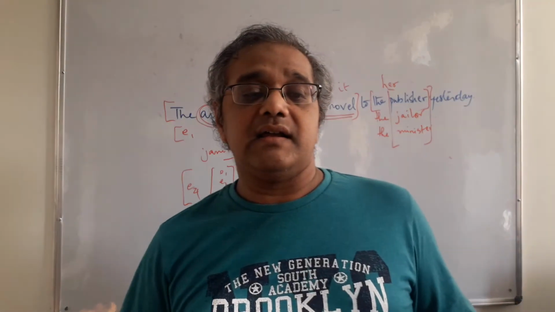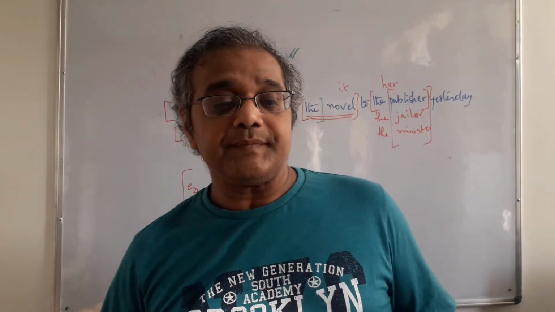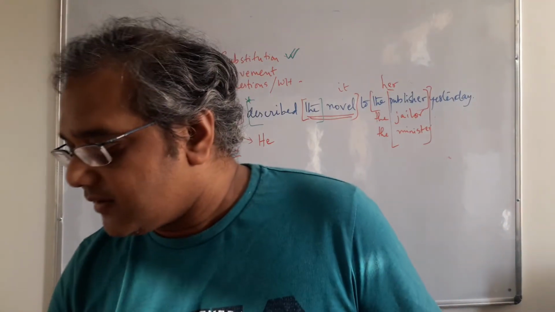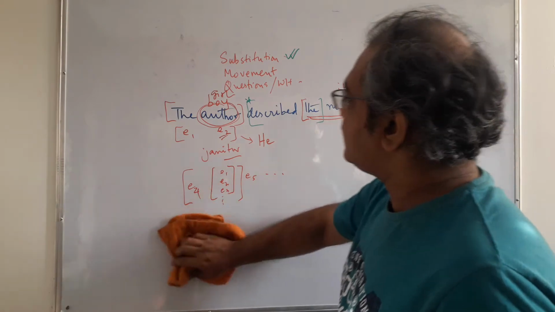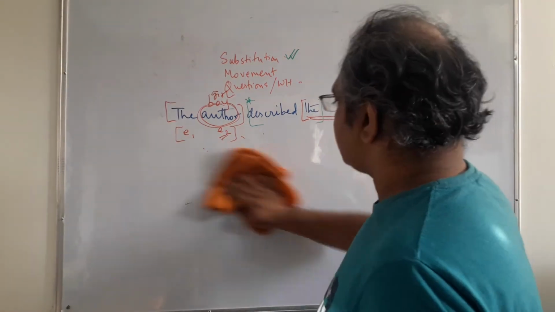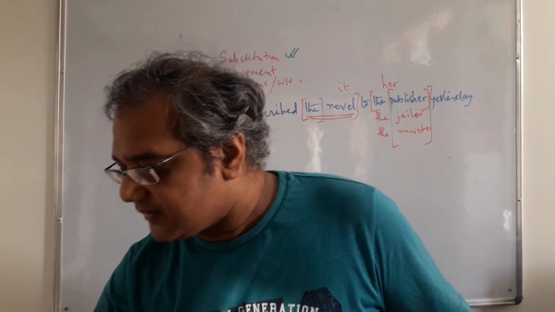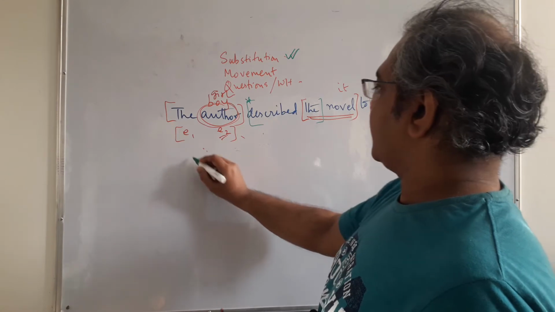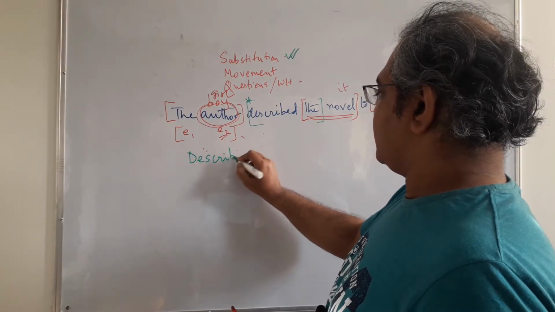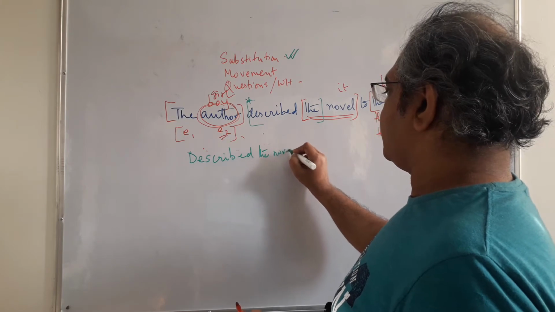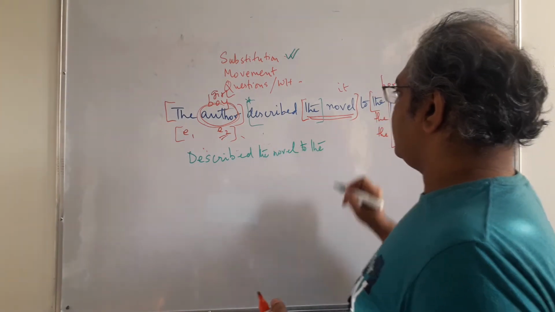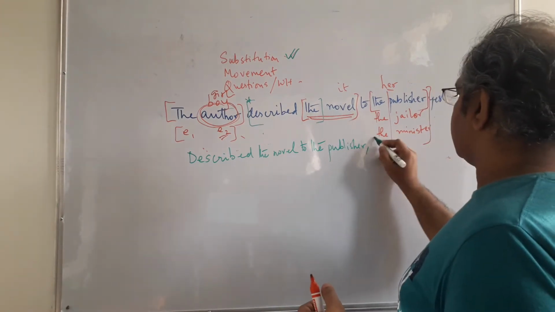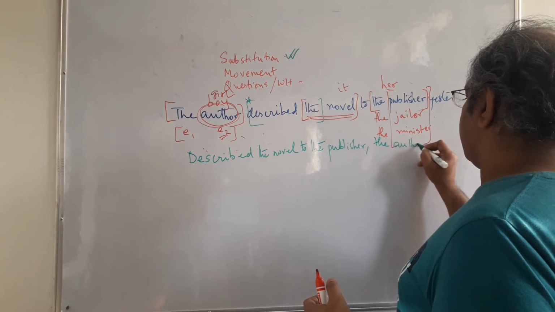The next test is about movement. This is a little more peculiar. Let us see how you can talk about this one. The movement is basically something like this. I can say, 'described the novel to the publisher, the author had.'